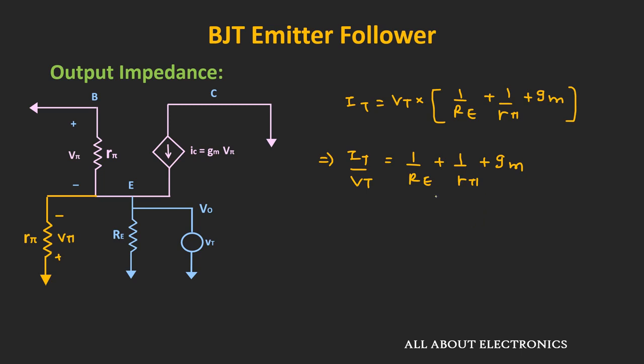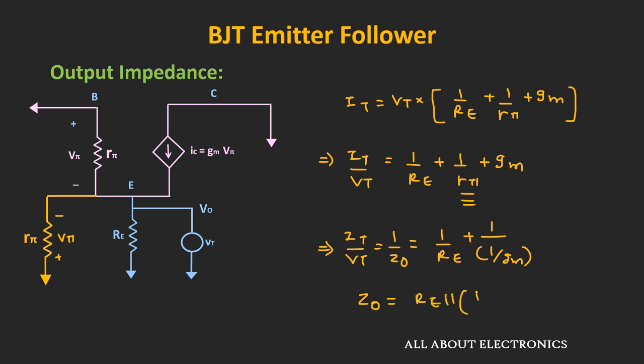Now as we have discussed earlier, this term 1 divided by R pi is much less than Gm. That means we can neglect this term. That means It divided by Vt, that is 1 over output impedance, is equal to 1 divided by Re plus Gm. That means here this output impedance is the parallel combination of Re and the 1 over Gm.